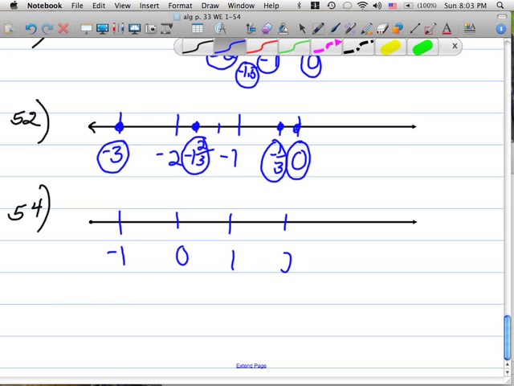And we have 1, 2, we said the largest number was 10/3, which is 3 1/3, so we need to go to 4. 5/3 is 1 and 2/3. So here's 1 and 2/3 more. Here's 5/3. 10/3 is 3 and 1/3.